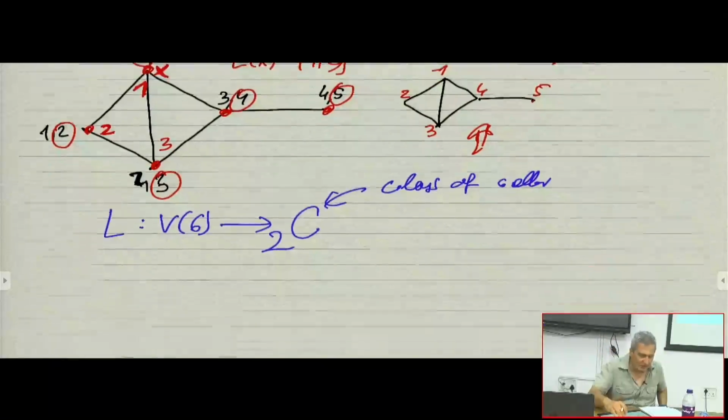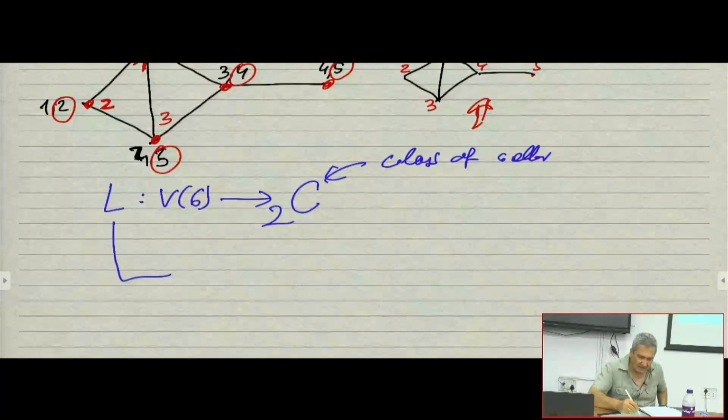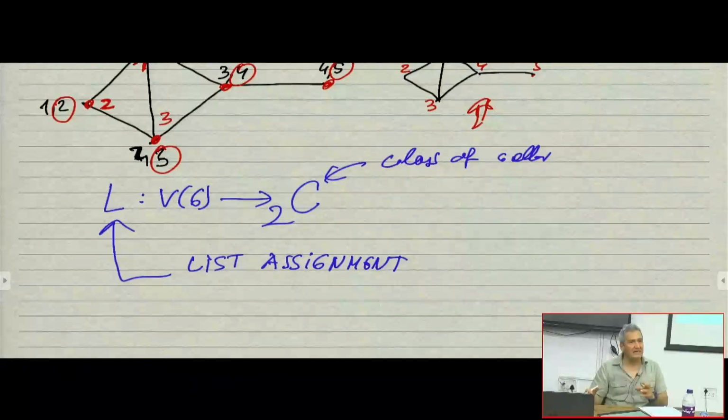And L is usually called a list assignment. We assign a list of colors to every vertex.